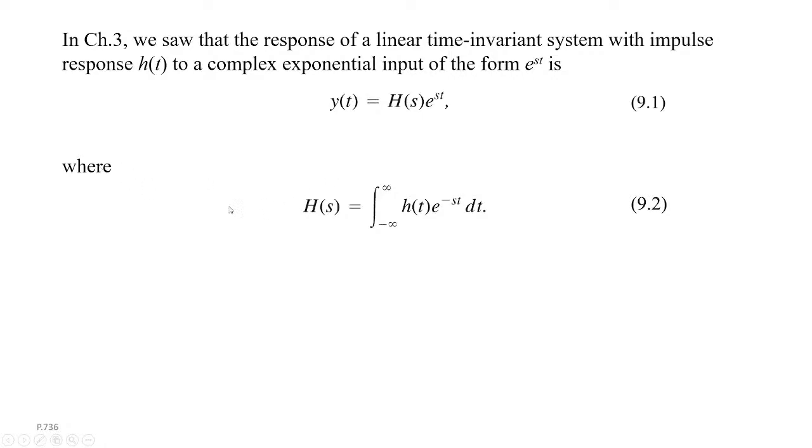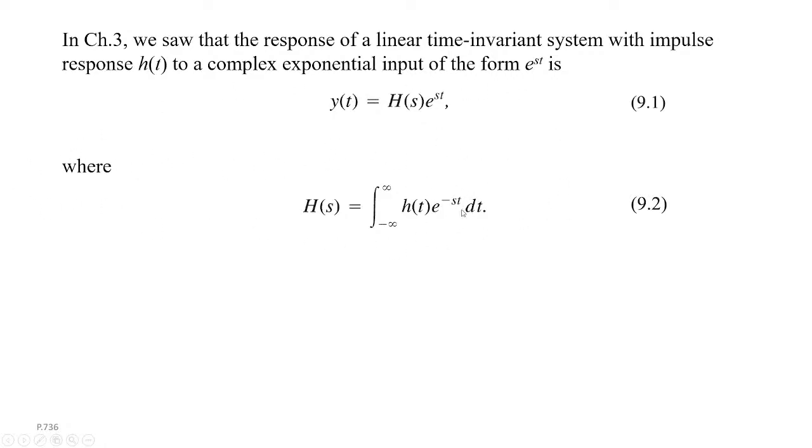At that time, we didn't put any restriction on S. Those two equations are true for any S; S can be any complex number. But then in chapter 4, we decided to look at purely imaginary S, because those complex exponentials are quite nice.